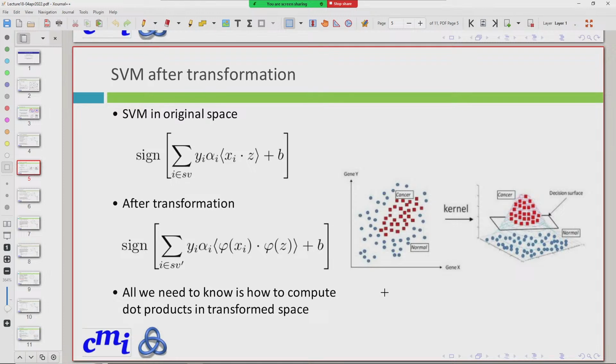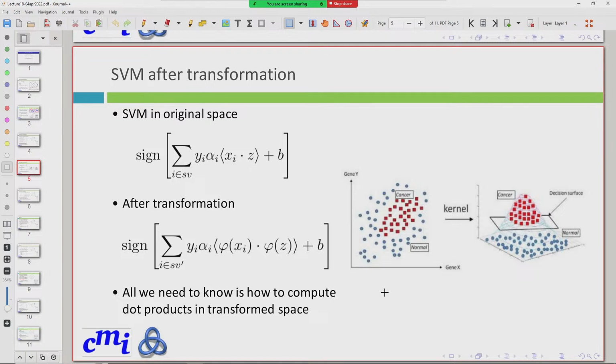In the original 2-dimensional space you could not have fit a linear separator in any way, but once you go to this new 3-dimensional space using some mapping which is denoted by phi over here, then you can.